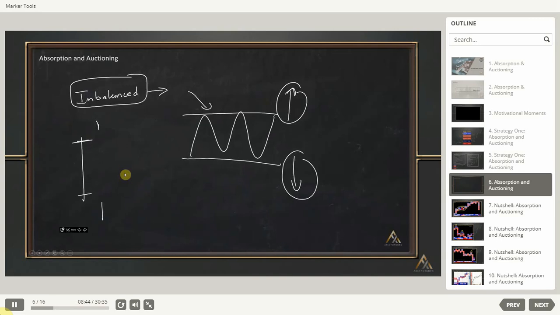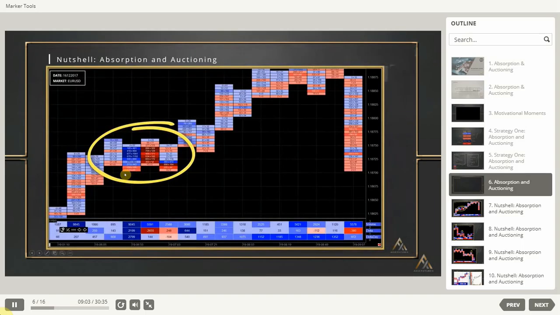Okay, so that's obviously in terms of market context. Do note, however, you can see this in balanced conditions as well. It's not to say it doesn't work equally well, but for me, I've noticed that in imbalanced conditions, the absorption and auctioning trade strategy works far more effectively. Okay, let's have a look at some examples now.